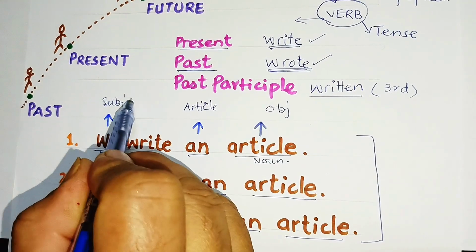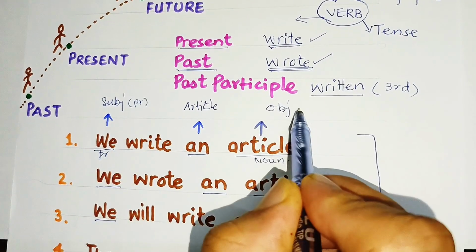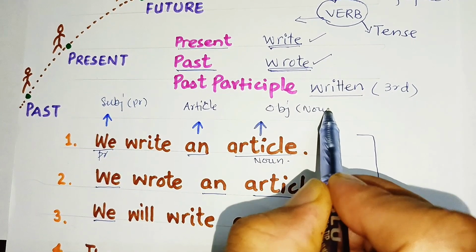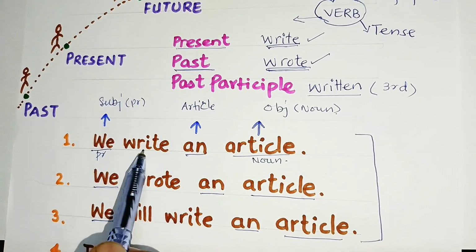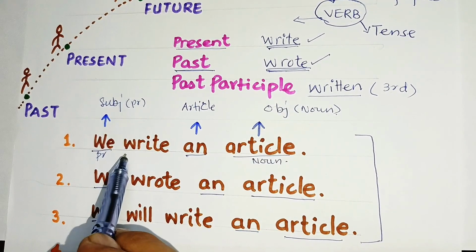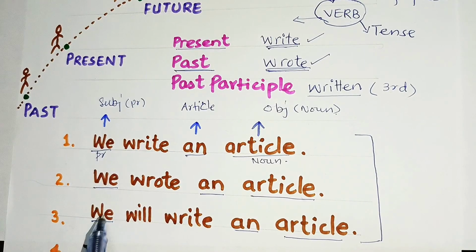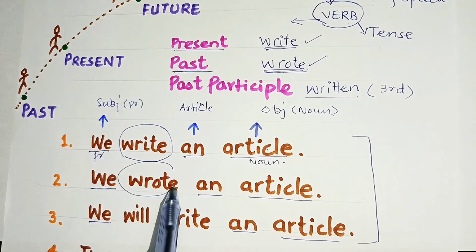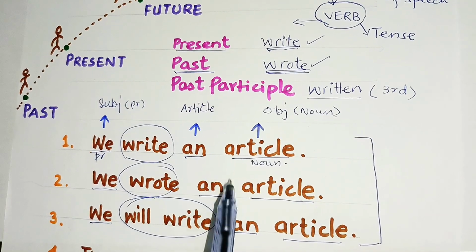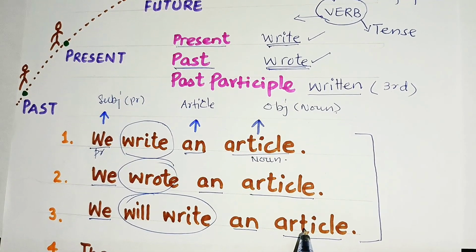So we was a pronoun, this is a noun. So we can understand that actually we write an article. First of all, you can see that all the rest of the words except this verb are the same, no difference.